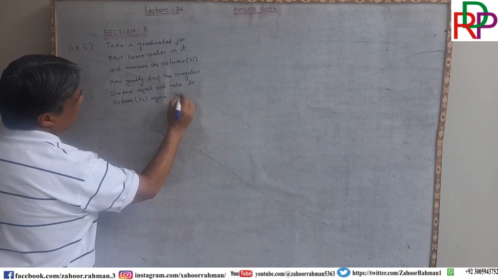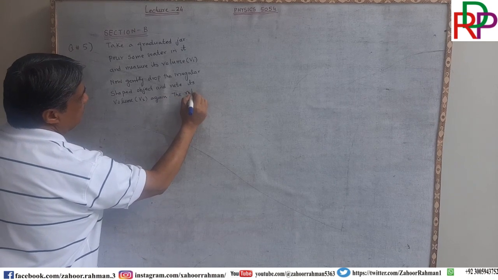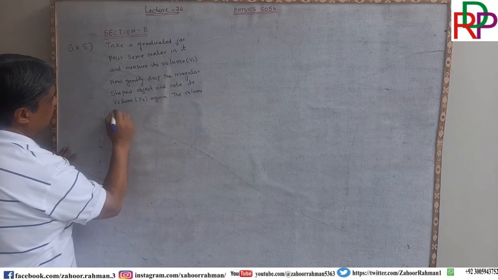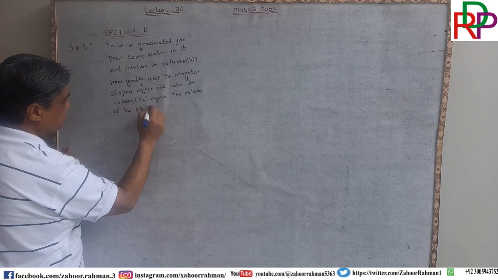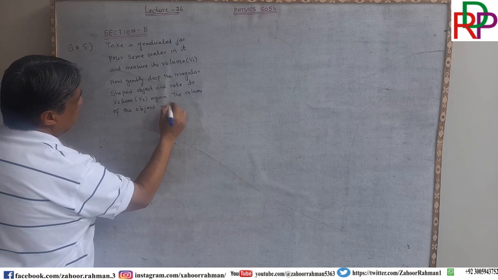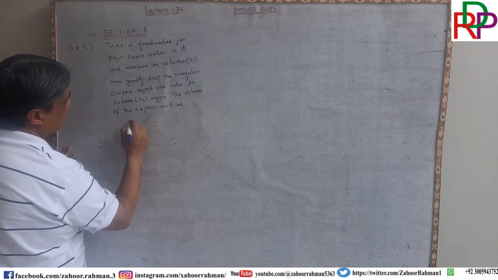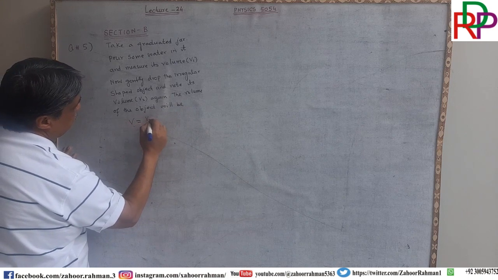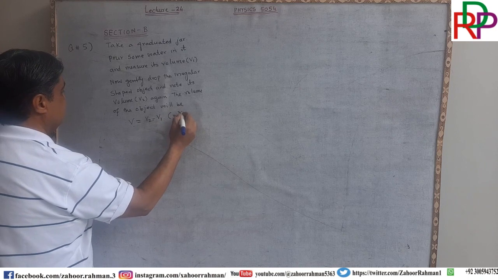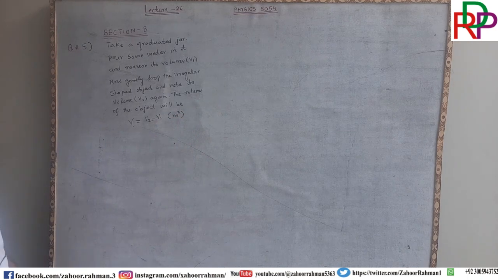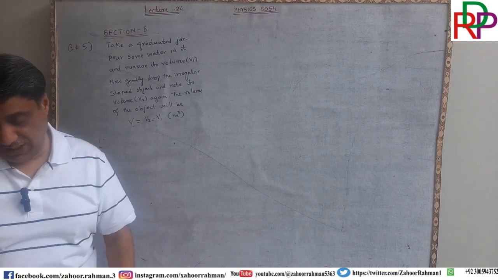The volume of the object will be V is equal to V2 minus V1, and that will be in meter cube. So in this way you can find the volume.